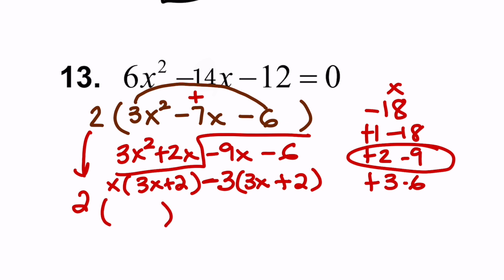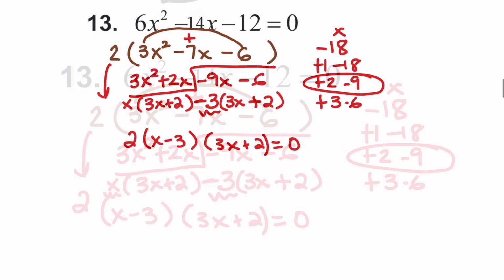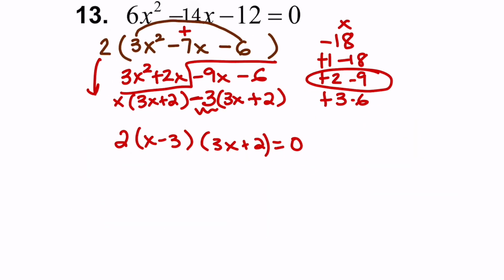Our factors are going to be 2x minus 3 and 3x plus 2, and that all equals 0. Now we're going to set each piece equal to 0. 2 is not ever equal to 0, so we can just ignore that.